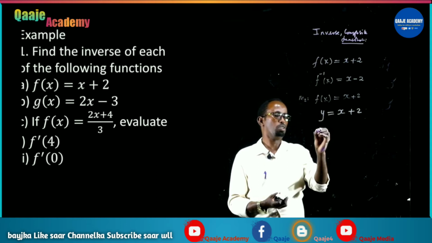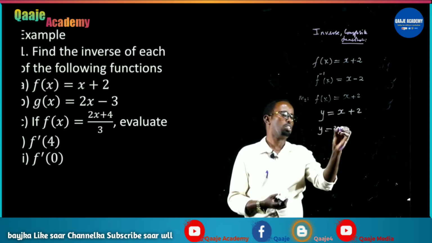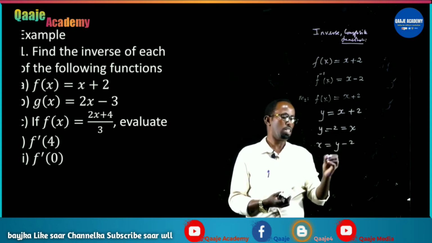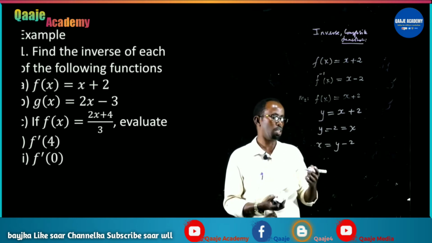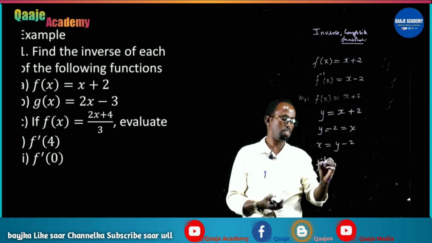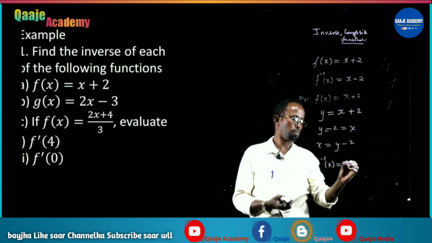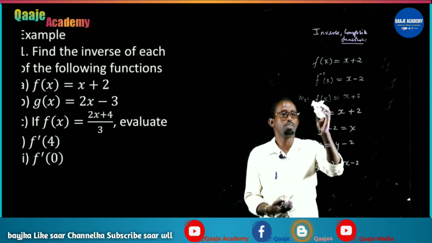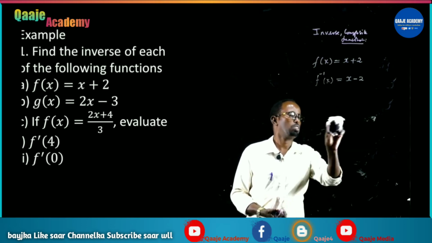So y minus 2 is equal to x. So x is equal to y minus 2. Now instead of x, we'll be using the inverse. The inverse of x is y, so the inverse of y is x, and then minus 2. So that is when we follow the rules, that will be the answer to that question.